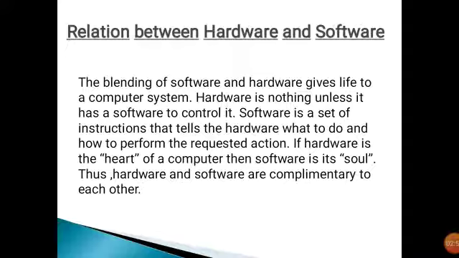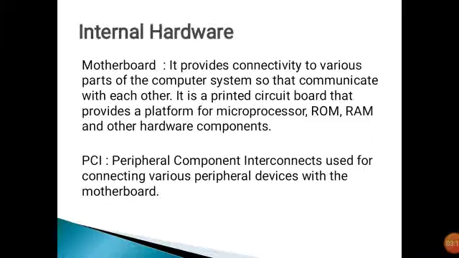Software is a set of instructions that tells the hardware what to do and how to perform the requested action. If hardware is the heart of a computer, then the software is its soul. The hardware and software are complementary to each other.